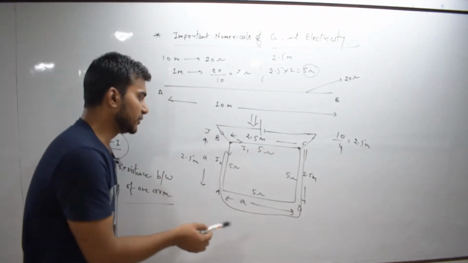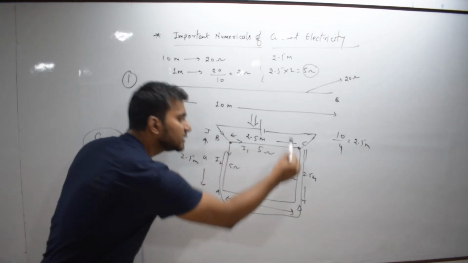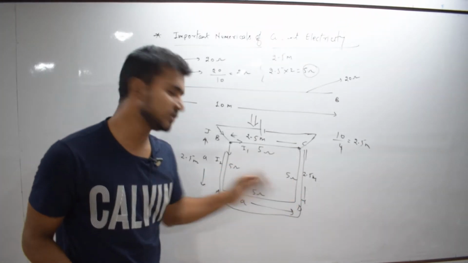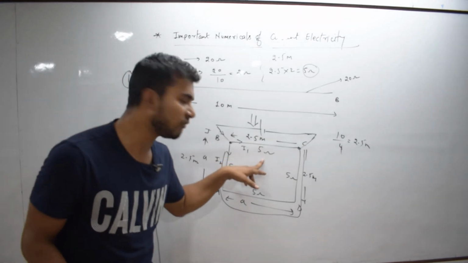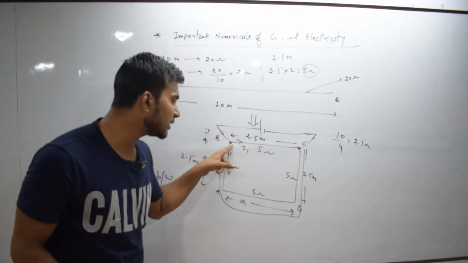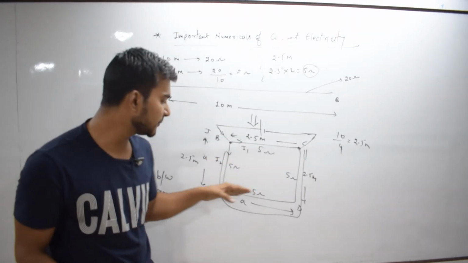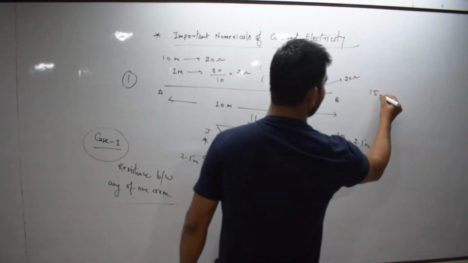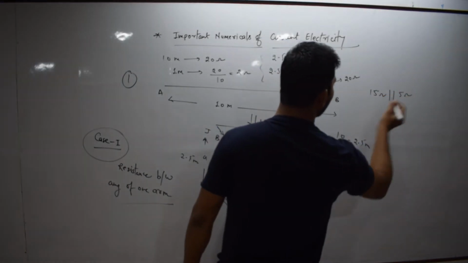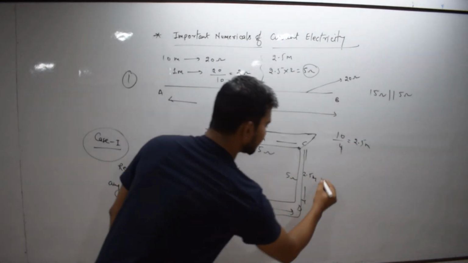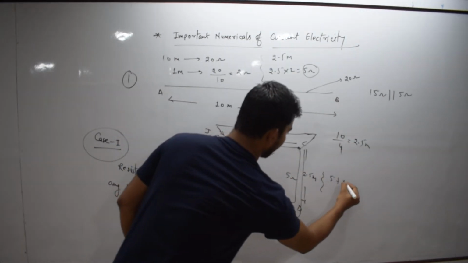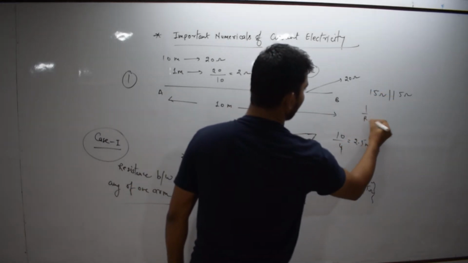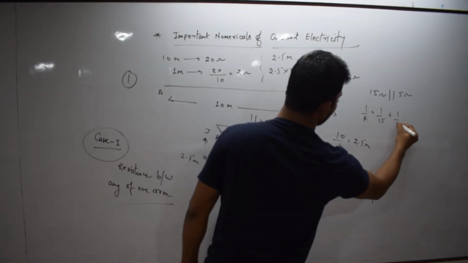But as I have said, the current is flowing in these 3 arms, meaning all are in series. So we have to add the 5 ohm resistance 3 times, so you will get 15 ohm. Then the other 5 ohm is in parallel, because from this point the current is distributed. So 15 ohm and 5 ohm are in parallel. So 1 upon R is equal to 1 upon 15 plus 1 upon 5.